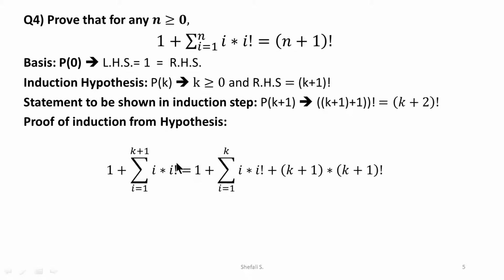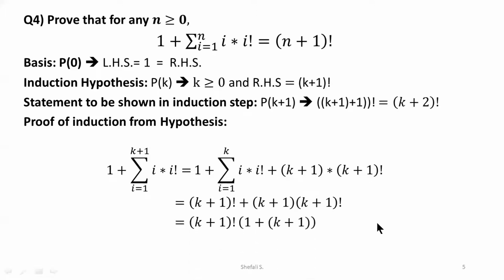So the predicate P k plus 1 is equal to the predicate k plus one more term according to your given series, and that term you need to rearrange. Just expand this: predicate k is equal to some value, which is already given as k plus 1 factorial. Now add the replacement here, plus k plus 1 multiplied by k plus 1 factorial. So just do your rearrangement.